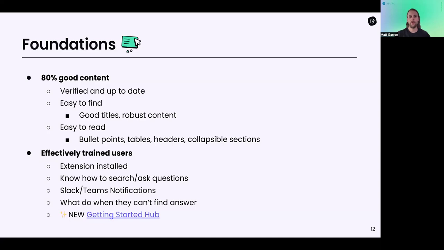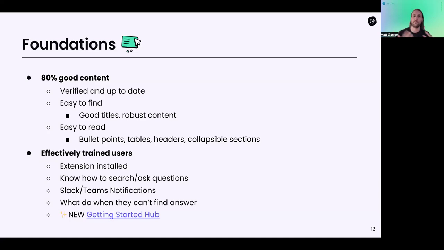Another big element to have effectively trained users that can be overlooked sometimes is telling users what to do when they can't find an answer to their question. So, what is that knowledge request strategy? Check out our maintaining content health workshop that we had a couple weeks ago to hear from teams like TravelPerk, Lemonade, and Momentum Life Sciences about how they keep their content up to date, their knowledge request strategies that involve a lot of cool automations with Slack. These are gigantic teams with really amazing trust scores and really high adoption strategies.